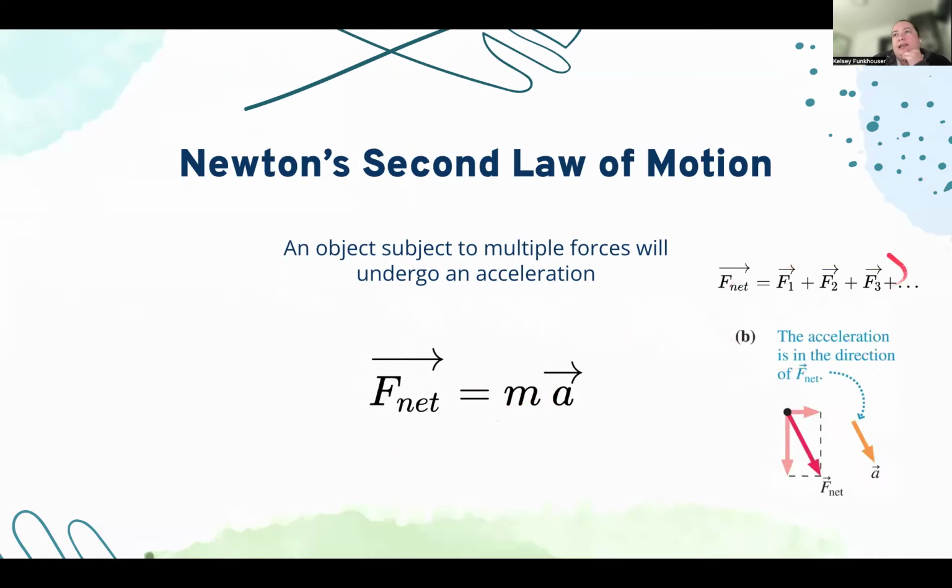Again, the net force is the vector sum of forces. So if we have a force to the right and a force going down, our net force is the vector addition of those two forces. And acceleration is in the same direction as that net force.